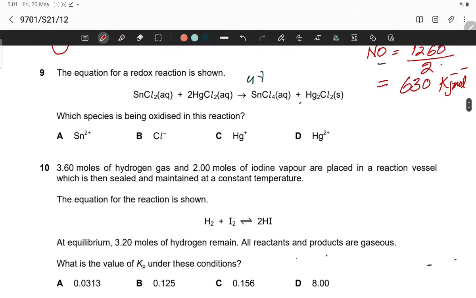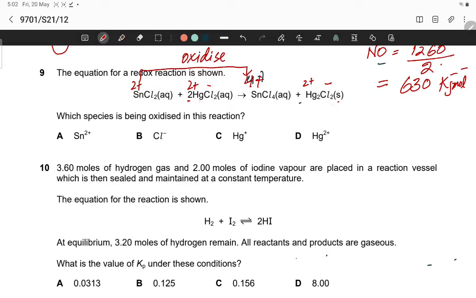The equation for the redox reaction is shown: SnCl2, SnCl4, HgCl2. Which species is being oxidized in this reaction? This is 2 plus, 4 plus, Hg 2 plus, and so on. So tin is going from 2 to 4, this species is oxidized.